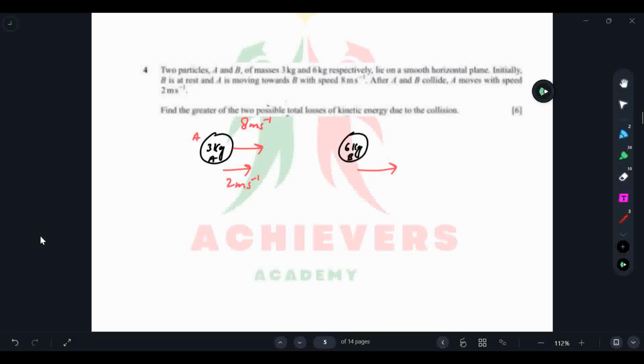First of all, we know that the law of conservation of momentum says total momentum before collision equals total momentum after collision: m1 u1 plus m2 u2 equals m1 v1 plus m2 v2. The mass of particle A is 3 and the velocity is 8, plus m2 is 6 into 0.